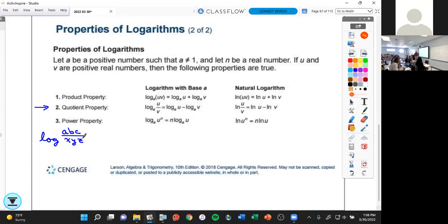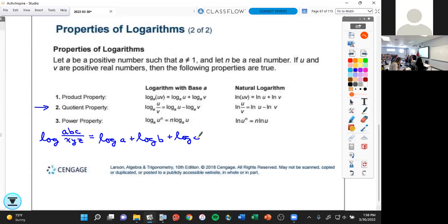Now here's the catch. A, B, X, Y, and Z, though they're multiplied together, will all be negative because they're in the denominator. So to expand this, it would look like this. Log A plus log B plus log C. That's the top, fully expanded.